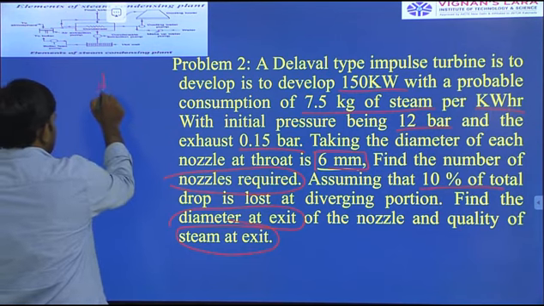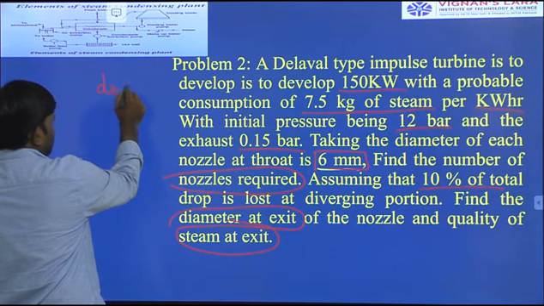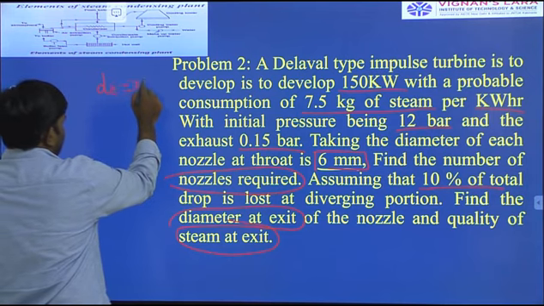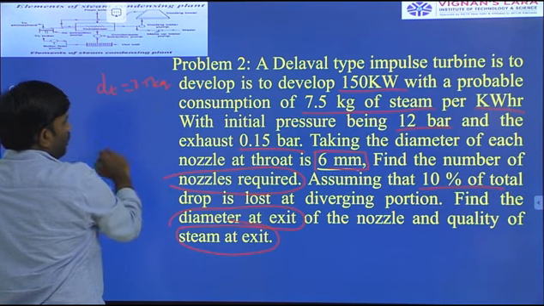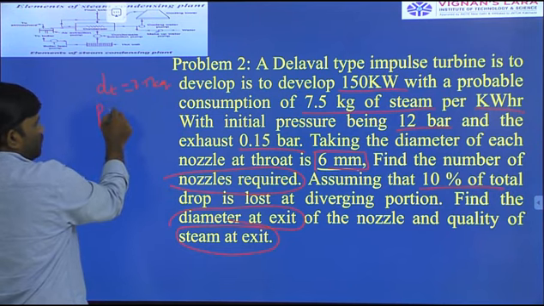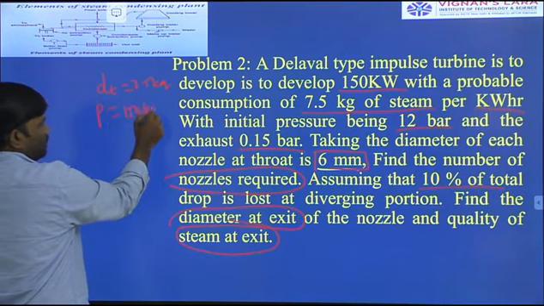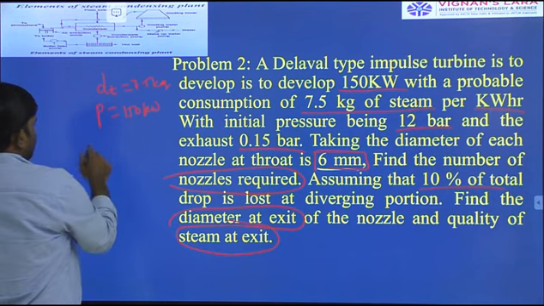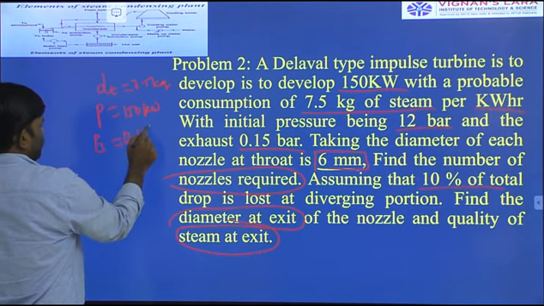The diameter at the throat section is given, the steam consumption is 7.5 kilogram per kilowatt hour, and the power developed by the turbine is 150 kilowatt, and the exhaust pressure is given, that is 0.15 bar.